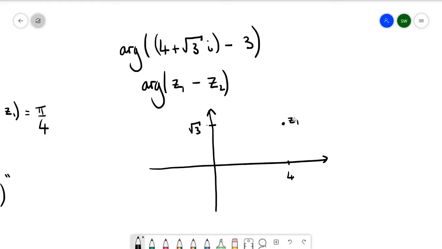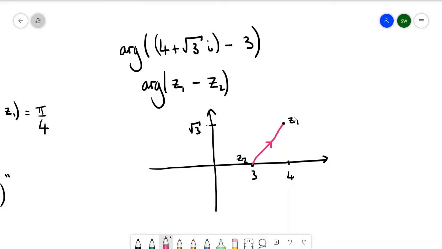And we've got another point which is at 3. So z2 is equal to 3. So you can think about this as the vector that takes us from 3 to 4 plus root 3i, from z2 to z1. And we're going in that direction there.